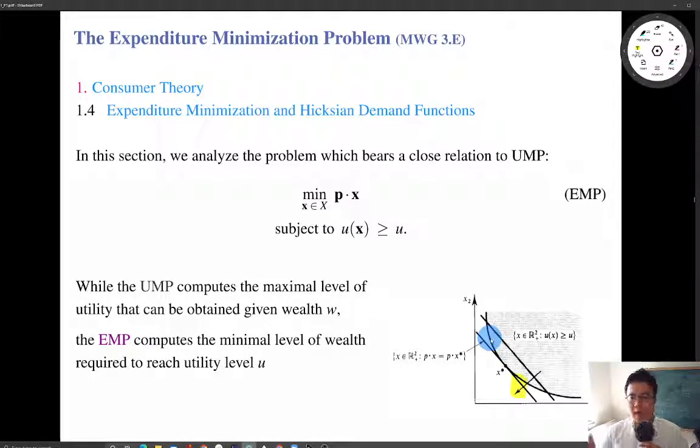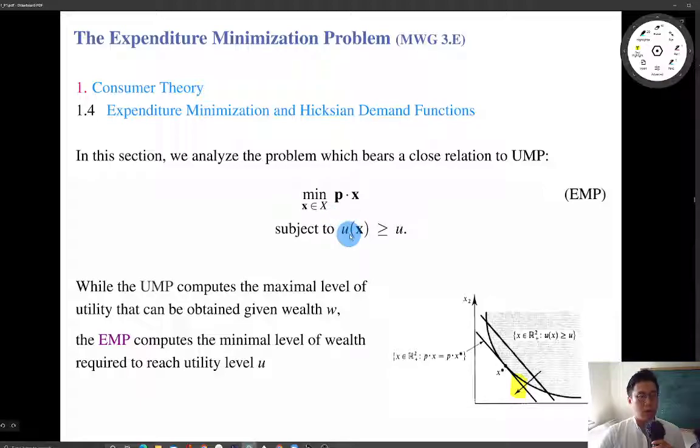Now we interchange the role of the constraint and the role of the objective function. The constraint in the UMP was this expenditure. It is concerned about expenditure, which cannot exceed the consumer's wealth. And U of X was the objective function in the UMP. Now we switch them.